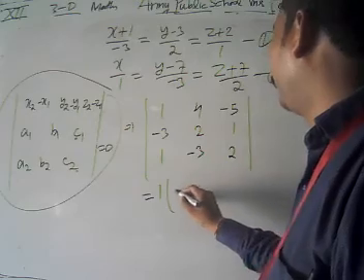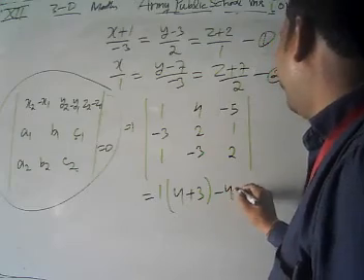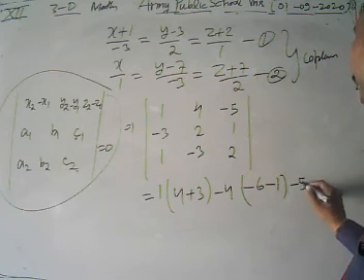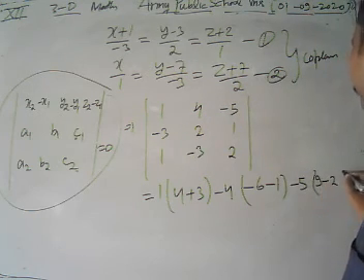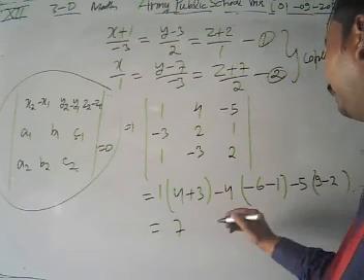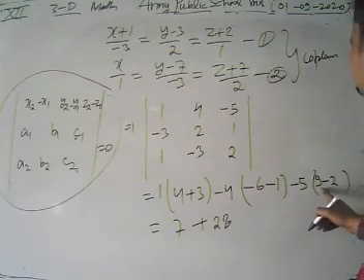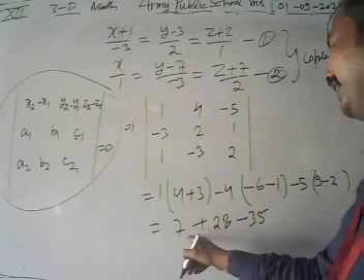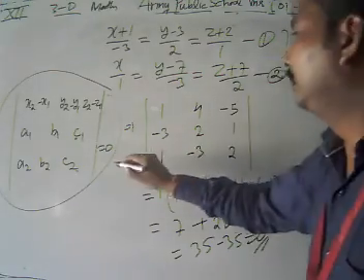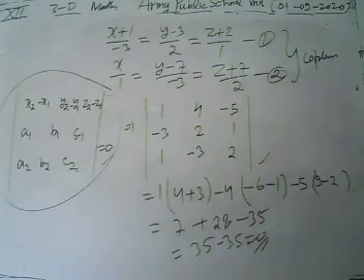We get 7, plus 28, minus 7, and minus 35. 28 plus 7 is 35, minus 35 equals 0. Since this is 0, the given lines 1 and 2 are coplanar to each other.